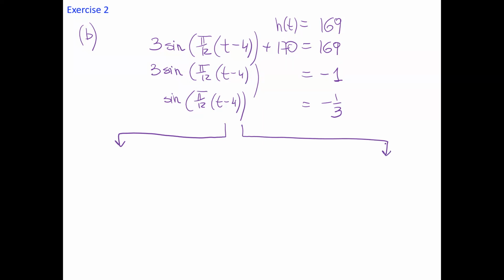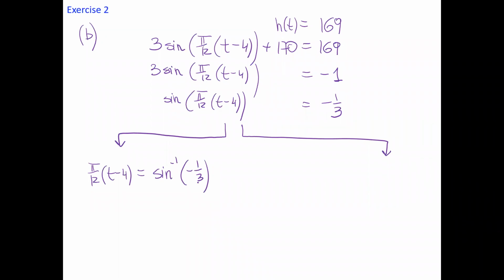Sine is negative in the 3rd and the 4th quadrant. So for what angle is sine negative 1/3? The angle is equal to inverse sine of negative 1/3. That's one solution.